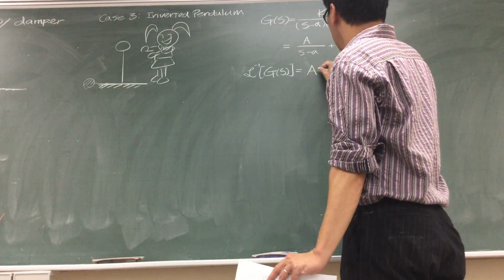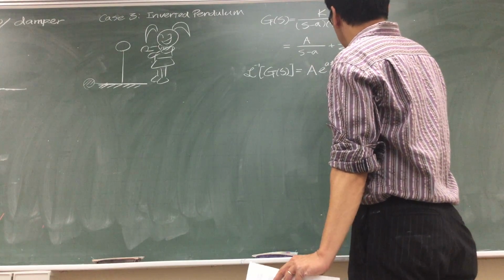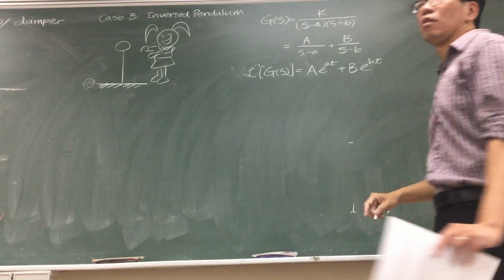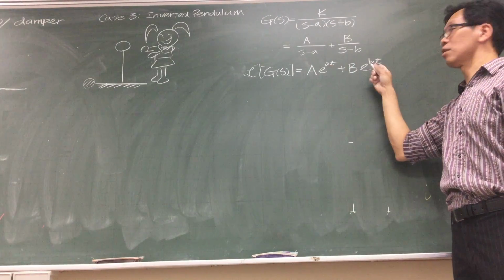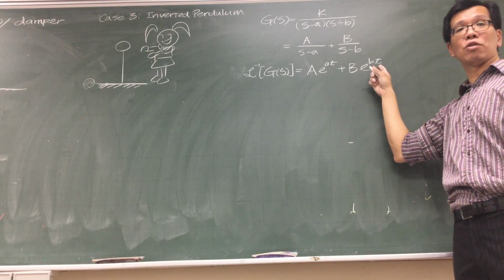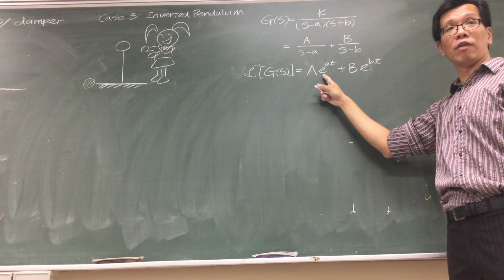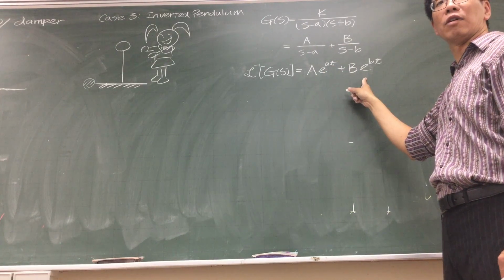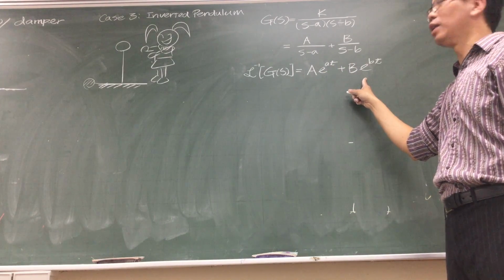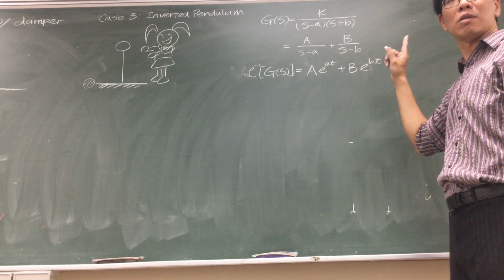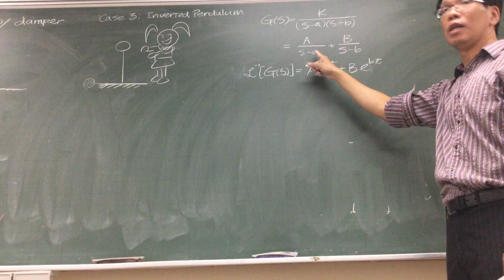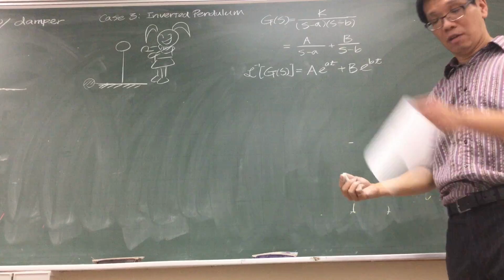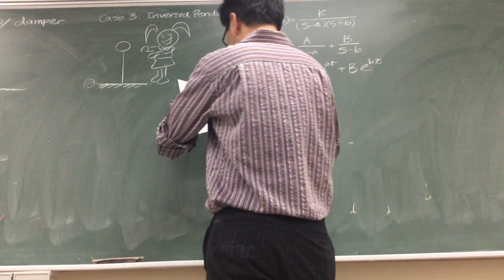We're going to have A exponential at plus B exponential bt. Clearly, since I don't have a negative sign in the exponential term, this one is going to be divergent. This one is going to be divergent, which means those two can never converge to 0 when I have an impulse input, which means a system like this with positive poles is going to be unstable. For a second order system, it's going to be the same.